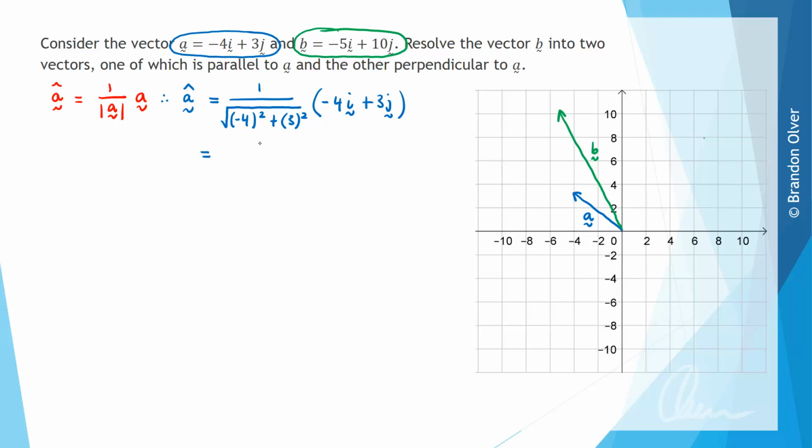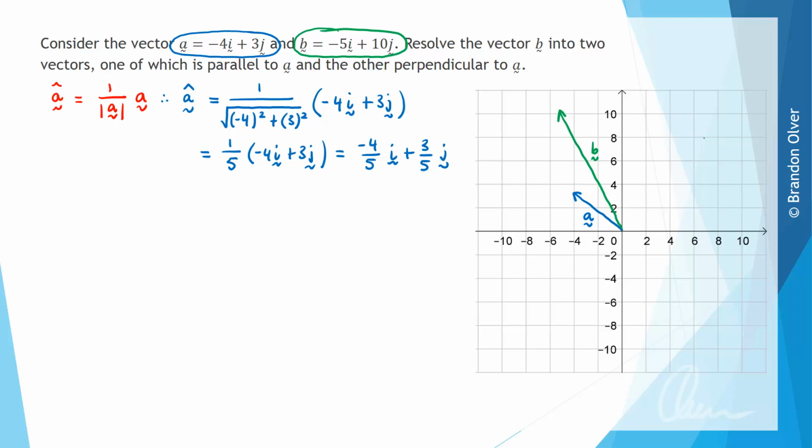So if we compute that, we have 1 divided by the square root of, 4 squared is 16 plus 3 squared is 9, so that gives the square root of 25. So we just have 1 over 5 times minus 4i plus 3j. And I'm just going to expand that out to get minus 4 on 5i plus 3 on 5j. So that's the unit vector for A.